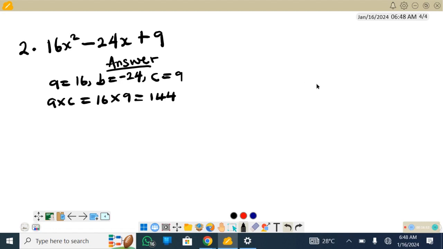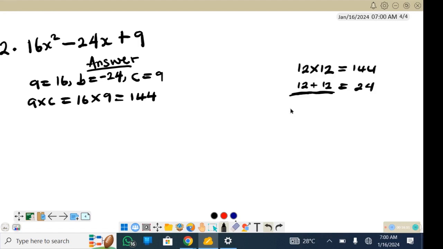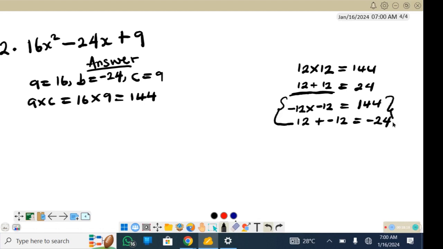Now, this is where I need to explain something. So that will give us minus 12 times minus 12. I will have 144, and minus 12 plus minus 12 will give me minus 24. So you can see we have gotten what we are looking for. Okay, so what I need to use to replace minus 24 is minus 12.